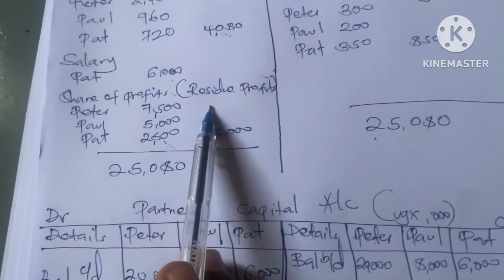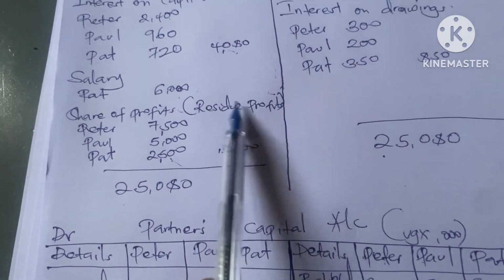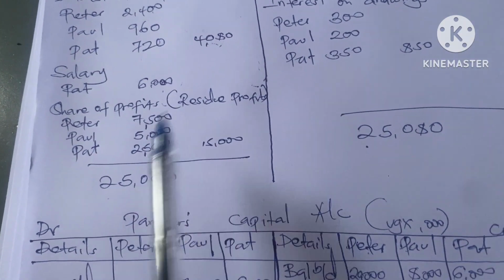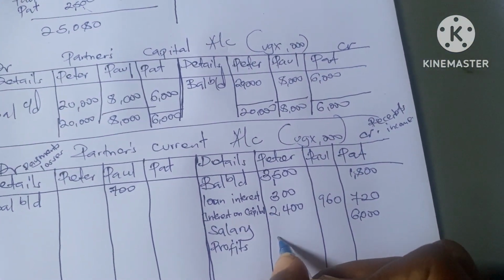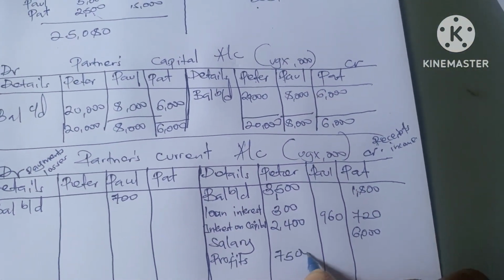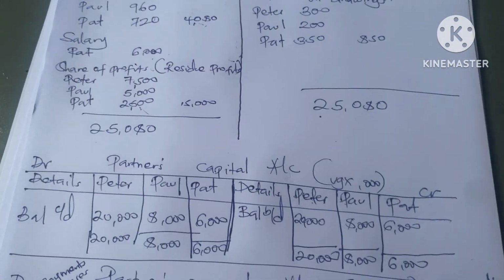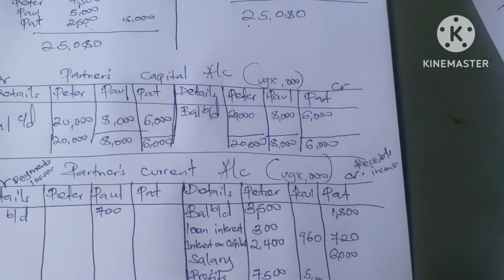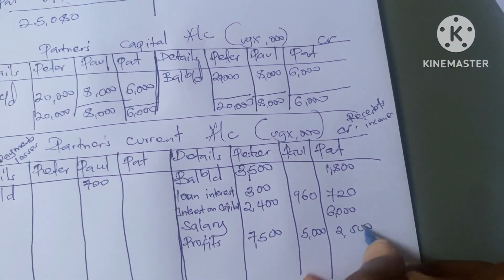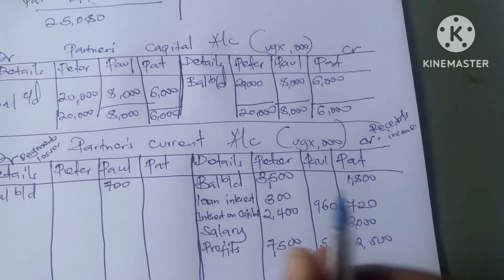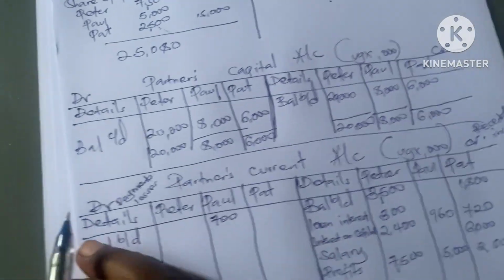Here the profits that were shared in the appropriation account, these ones. So you rate for all the partners. This one for Peter, it was 7,500. For Paul, it was 5,000. Then for Pat, it was 2,500. Like that.